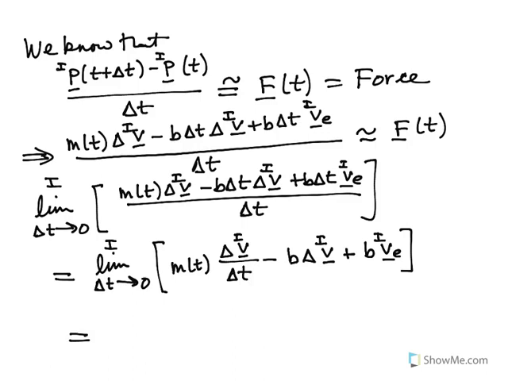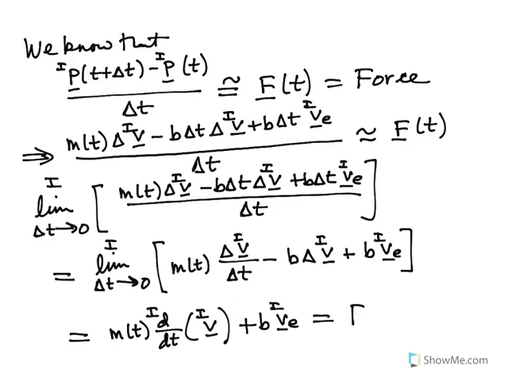And so this is equal to m of t times d dt in I of vi, and the second term disappears because as delta t approaches 0, delta v also approaches 0. So we wind up with plus b times ve. That term survives, and that's equal to f. So we now have the differential equation of motion.